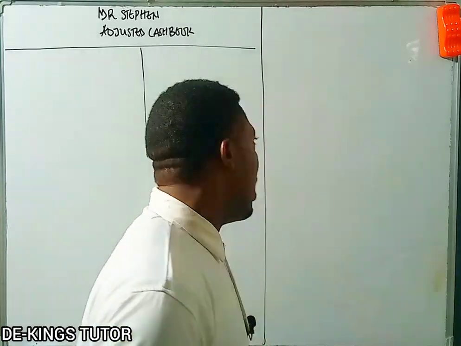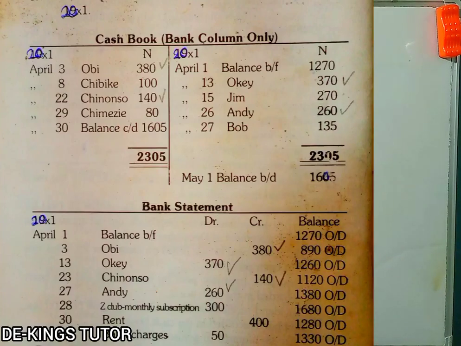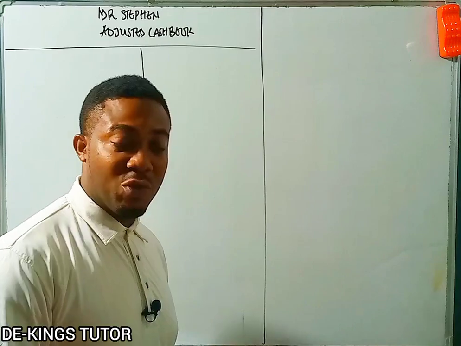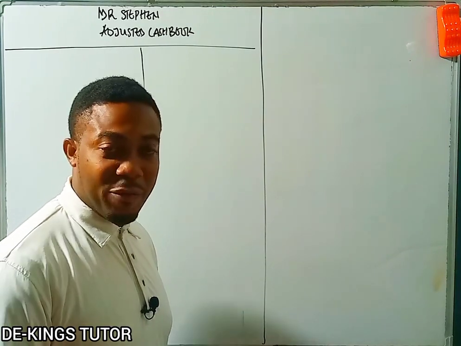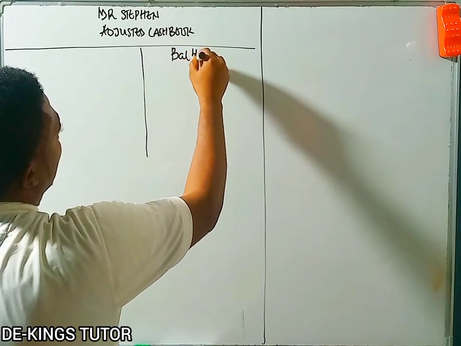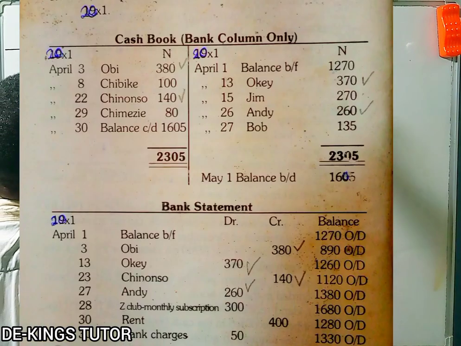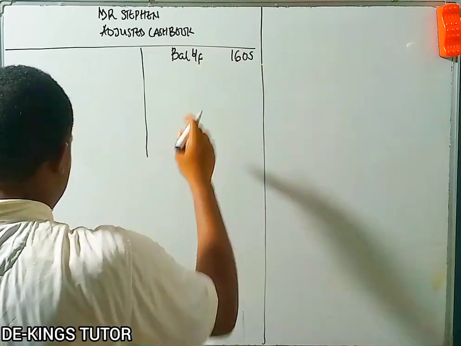Now let's prepare the adjusted cash book. If you check in the question there, the balance in the cash book is a credit balance. That's an overdraft. It has a different format on its own. So we're going to start. It becomes balance brought forward 1605. That's overdraft.